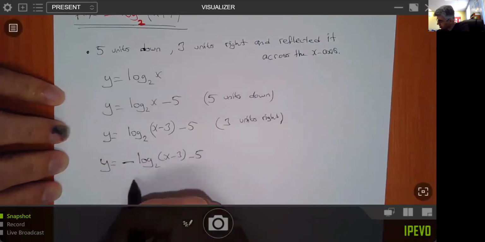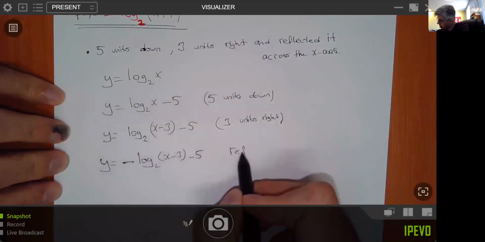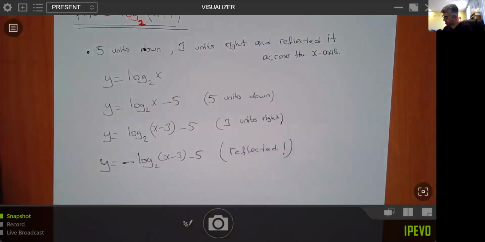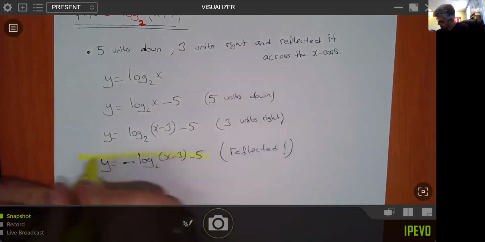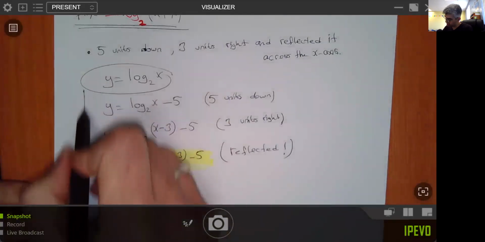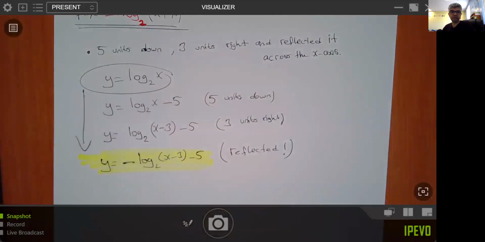Oh, a lot of minuses. And here reflected. This is the final function, right? So from parent function till the function asked to model. I hope it is clear.